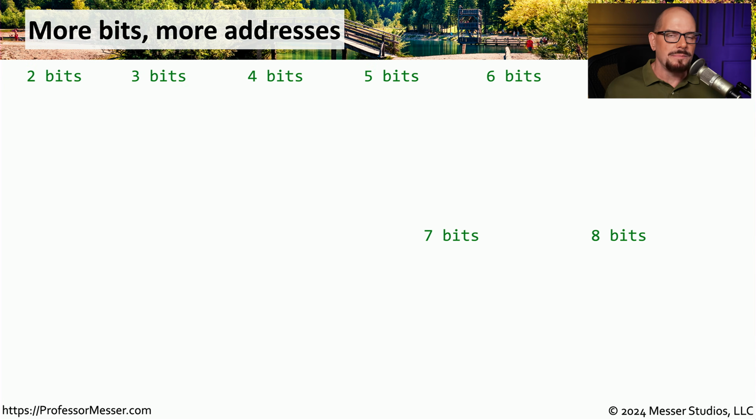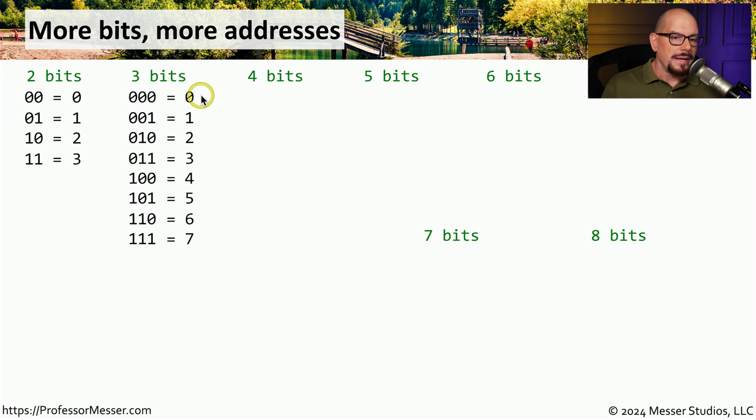As you're increasing the number of bits in a binary value, you're increasing the total possible number of decimal results. For example, if you have 2 bits, there are only 4 possible outcomes: 00, 01, 10, and 11. And if you were to perform that conversion between binary and decimal, that's the same as 0, 1, 2, and 3.